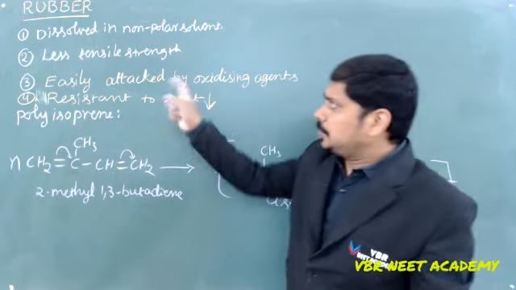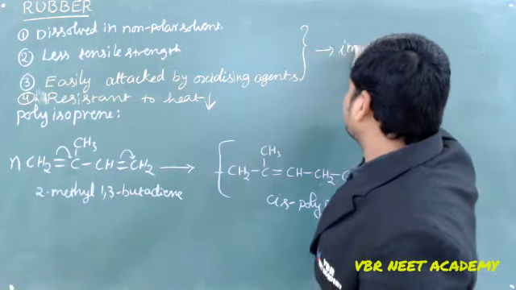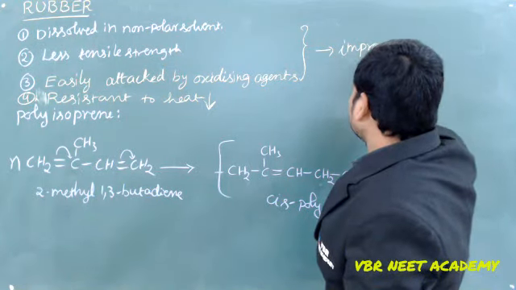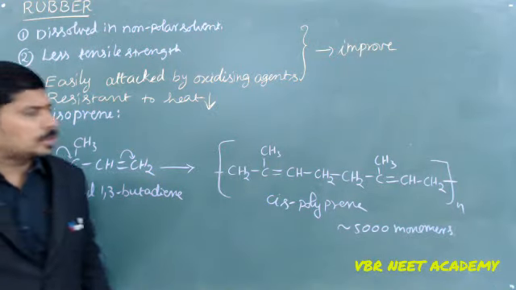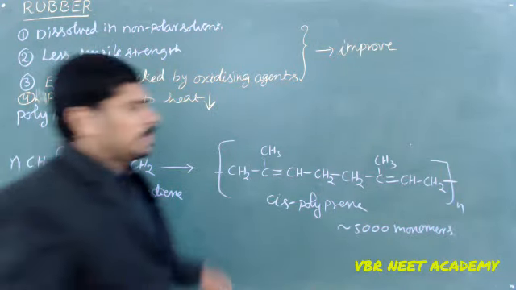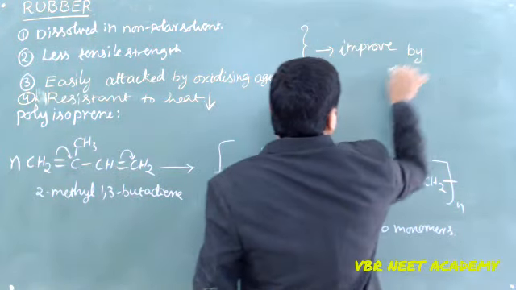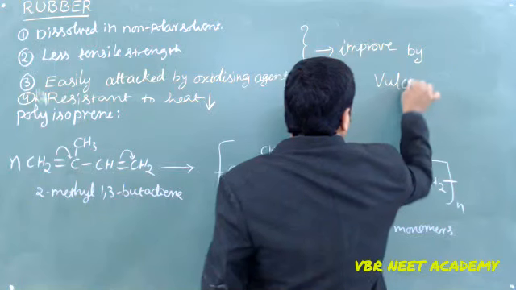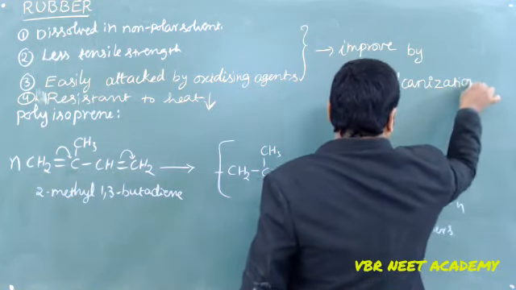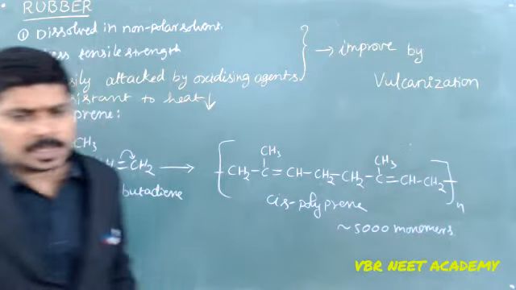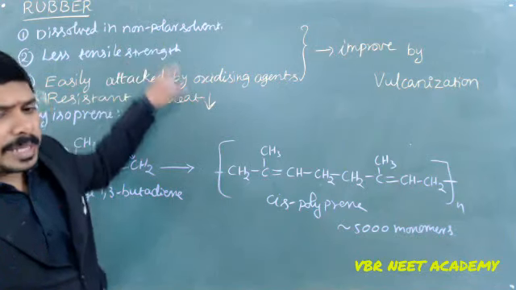So because of these, I want to improve these properties of natural rubber. In order to do this improvement, I am going to follow the process called vulcanization. By means of vulcanization, I can improve these physical properties of the natural rubber.